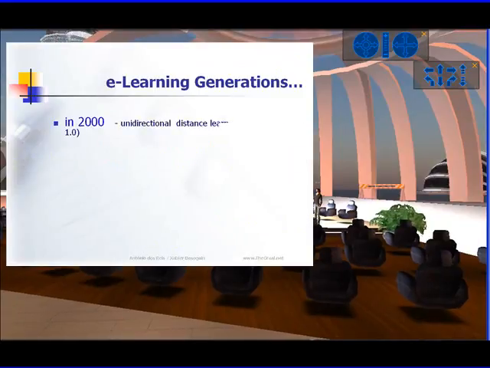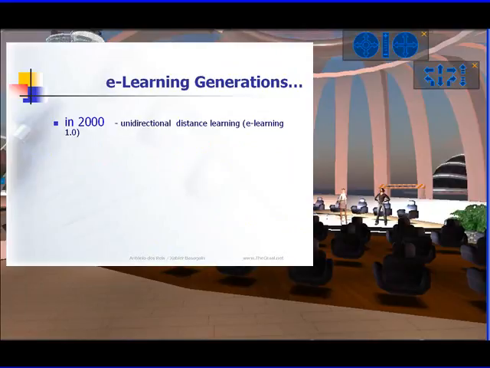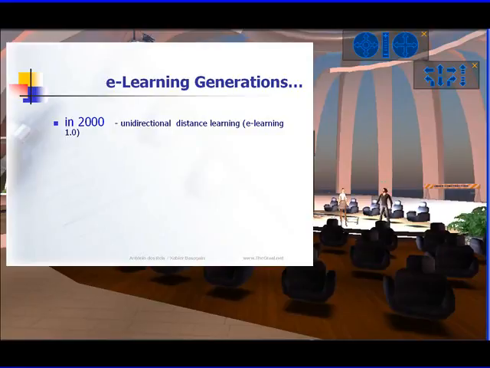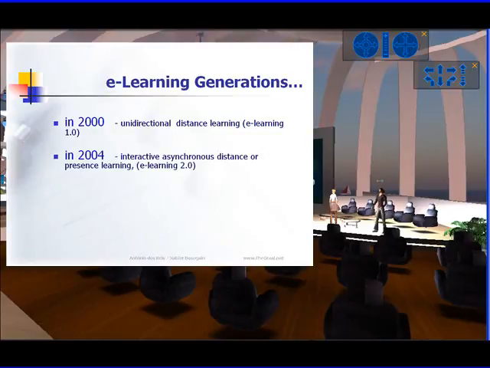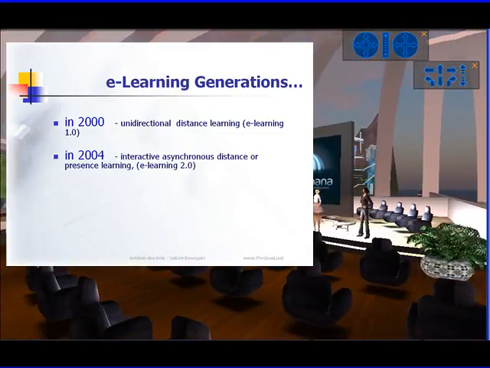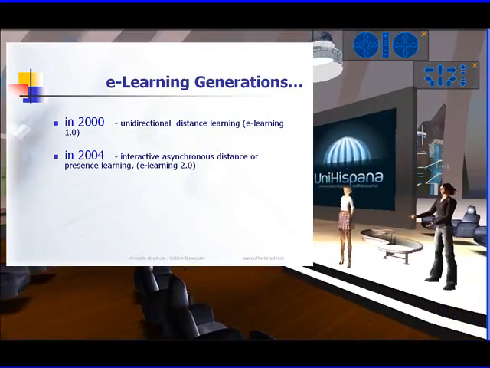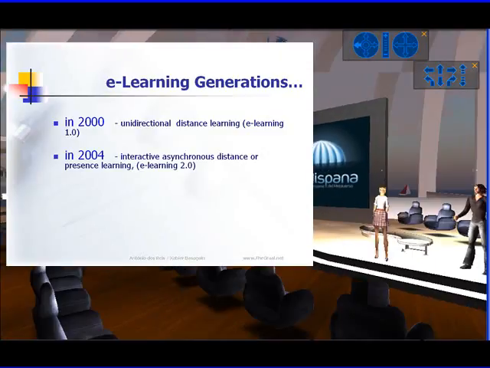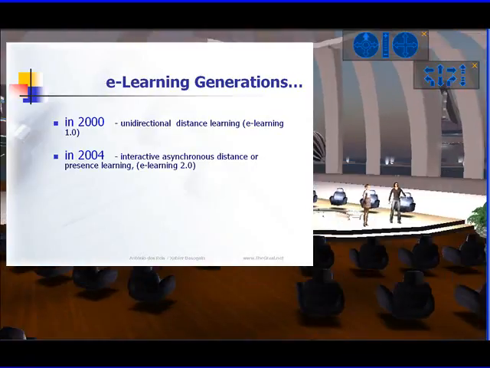In fact, e-learning generations are in three stages. E-learning 1.0, in which the teaching activity was mainly delivering documents by email. The second step was from about 2004, when Web 2.0 was showing up and putting us the challenge of interactivity, and in fact it was an asynchronous activity using platforms and so on.